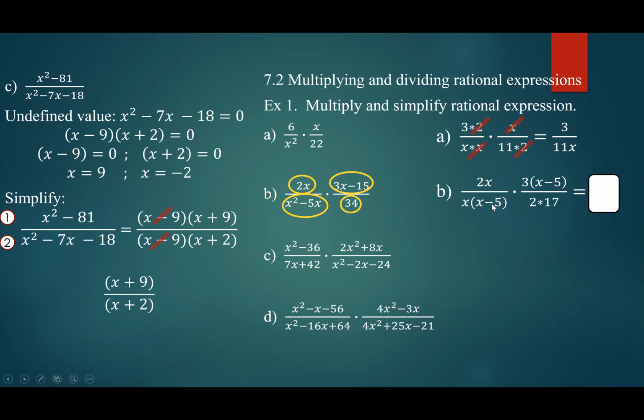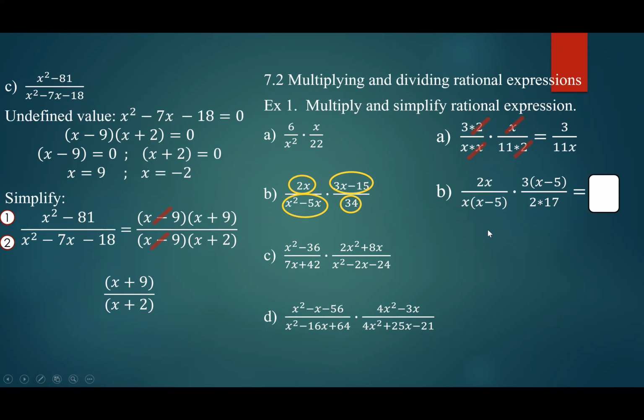I can take out an x, leaving me with x minus 5. At 3x minus 15, I can take out a 3 because 3 can go into 3 and 3 can go into 15. And lastly, at the 34, I can write it as 2 times 17.